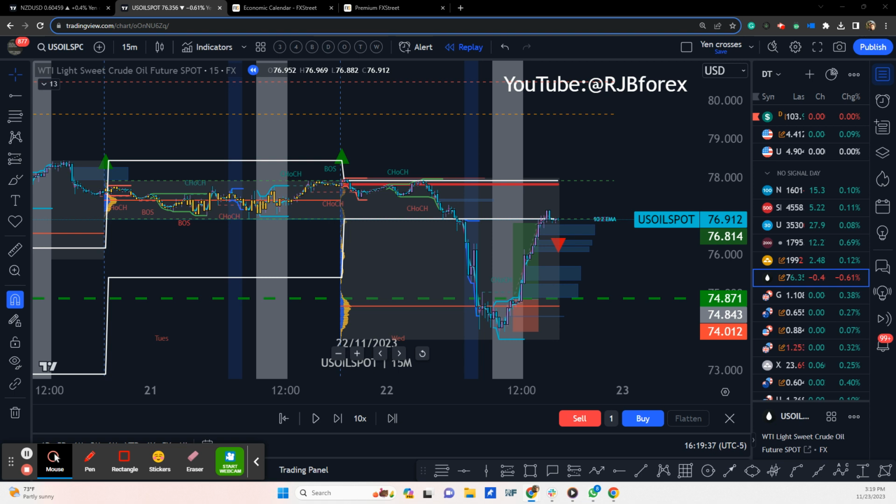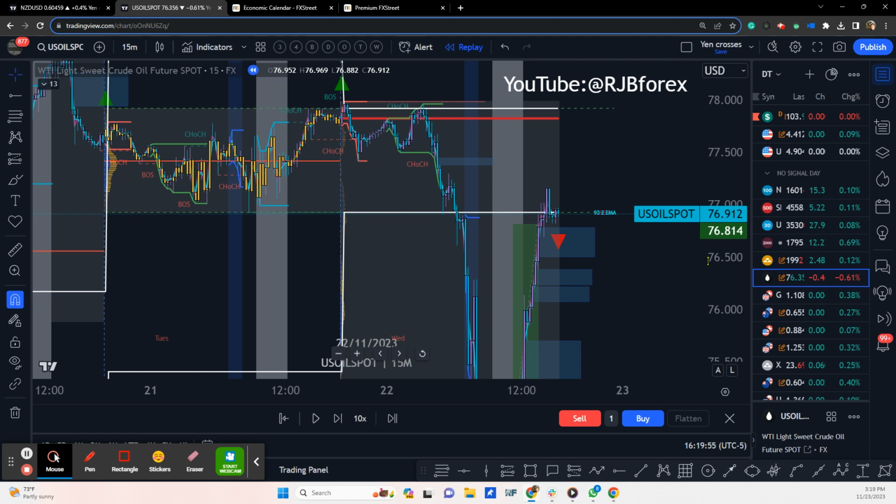You can have 76.50, 76.10, 76.20, a round even number. Ideally, double zeros and 50s. So 76 even, and then 76.50, that I'm showing there on the chart in the case of oil.